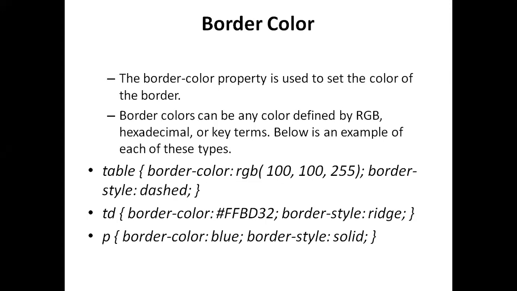So the next part is border color. The border color property is used to color the border. The color can be defined by RGB, hexadecimal, or key terms. We all know, as we discussed in HTML also, that color can be used in three particular ways. Either we mention the name of the color, or the hexadecimal code of the color, or the RGB value of the color.